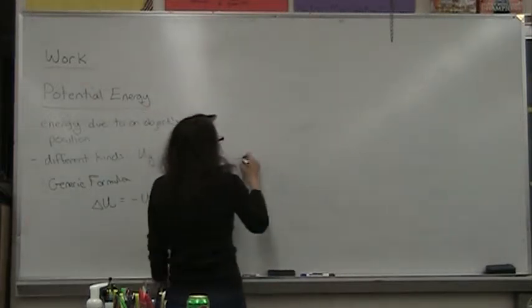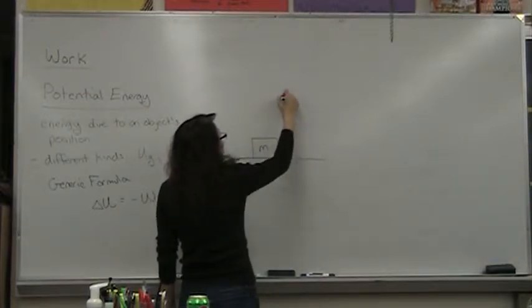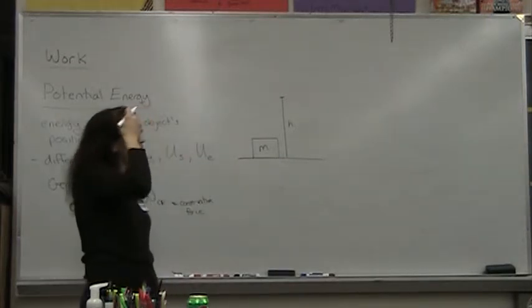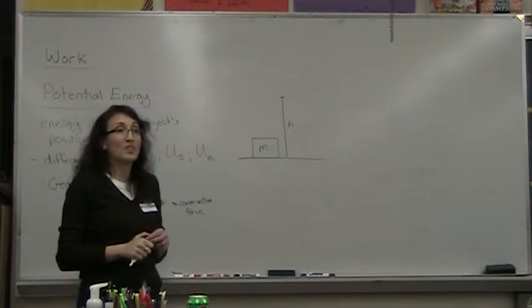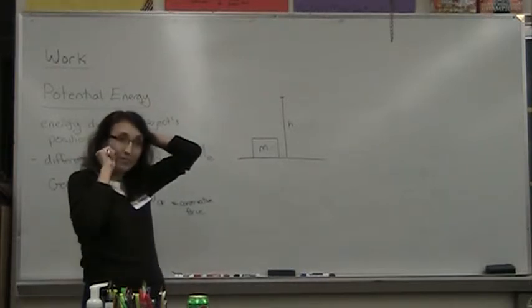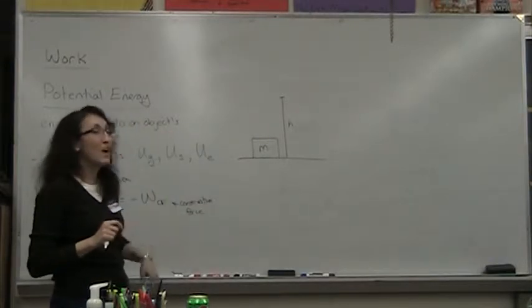All right, so here's our mass. We're going to keep it generic. We're going to lift this mass a height h. Okay, and we're going to lift it at a constant velocity. How many forces are acting on the object if we lift this at a constant velocity? Two. Figure out the work done by each of them.